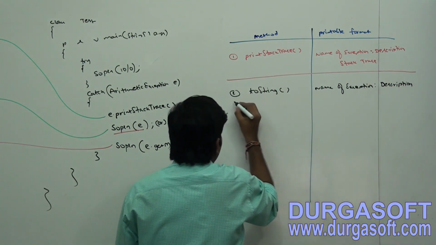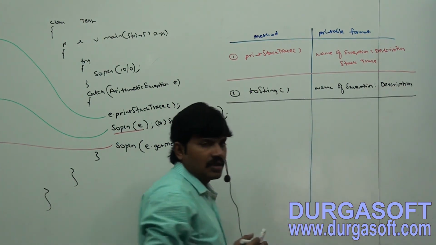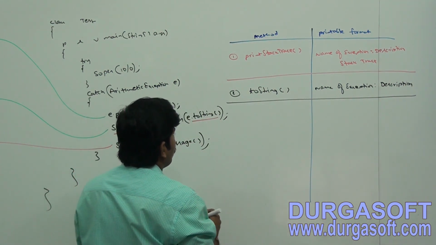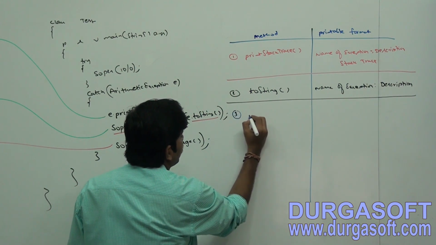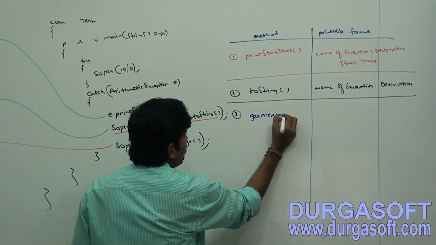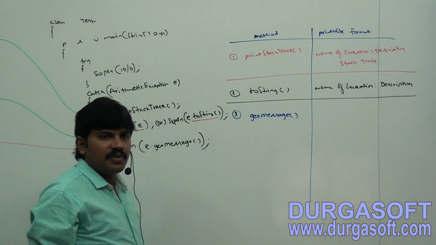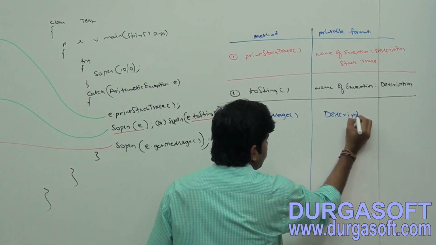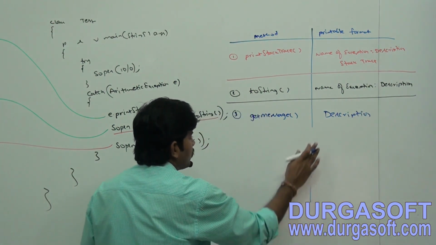Name of exception colon description, like is the toString method. Sir, what is the third one we covered? Okay, getMessage method. Sir, what does the getMessage method print? Description, that's all. Only description, that's it.